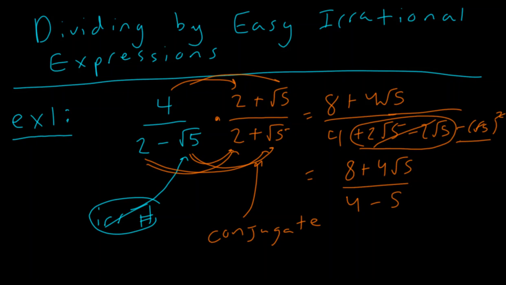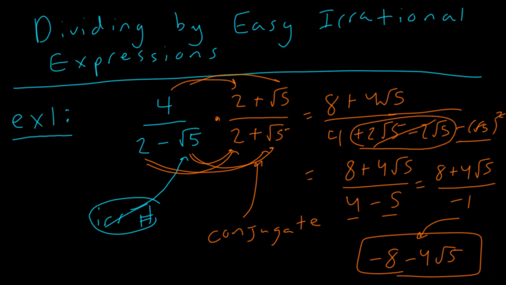So this is really the same as saying 8 plus 4 square roots of 5 all over 4 minus 5, which is negative 1. And we know that that negative 1 simply changes the sign of everything on top: negative 8 minus 4 square roots of 5. And notice we no longer have an irrational number in the denominator. We have rationalized the fraction by multiplying by the conjugate.